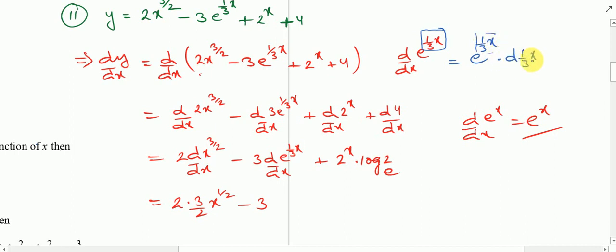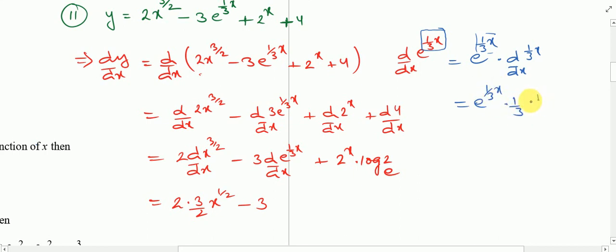Differentiate this, but this is a constant. One second, let me write again. Now 1 by 3 is a constant, so that will come out, and then you are left with this. The differentiation of this will be how much? 1. So you simply get 1 by 3 e to the power 1 by 3x.